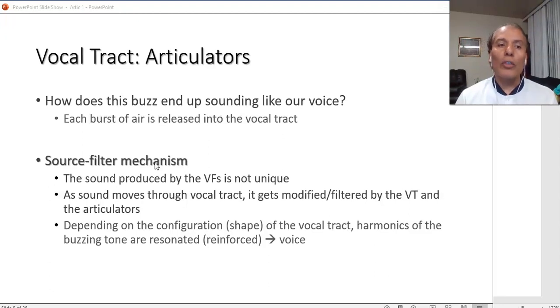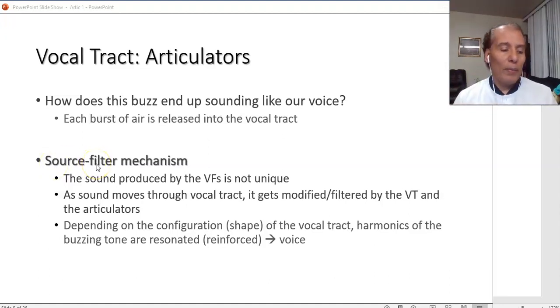First, source refers to the source tone, or the fundamental frequency of the vocal folds. The vocal folds produce the source tone, the original tone that is going to be echoed in the vocal tract. So that is the source, including both the vocal folds themselves and the tone that they produce.